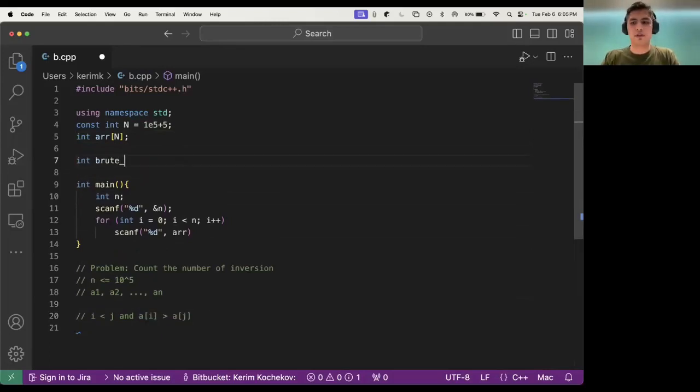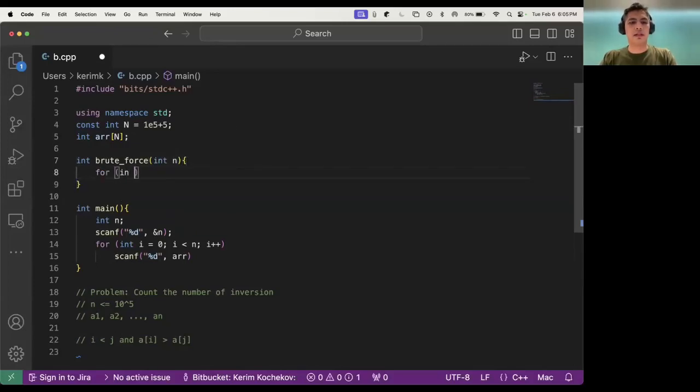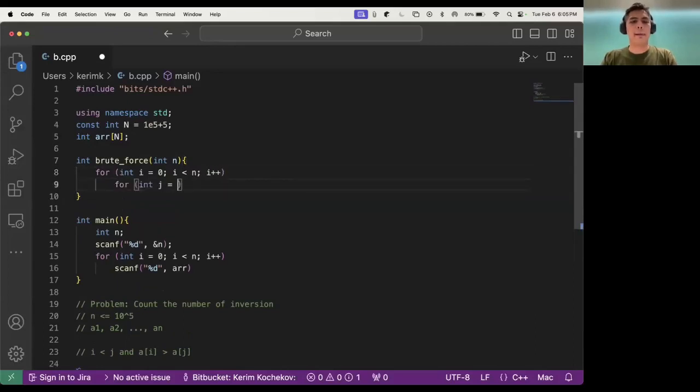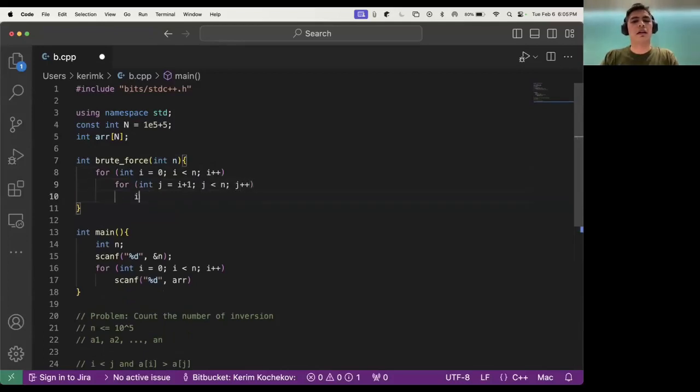So let's say brute force, and we will be counting the number of inversions in the given array of size n. So j should be bigger than i. Sorry, j should be bigger than i. So here, the number of inversions would be, this is a C++ trick, you can just write the following Boolean function and just add them up.